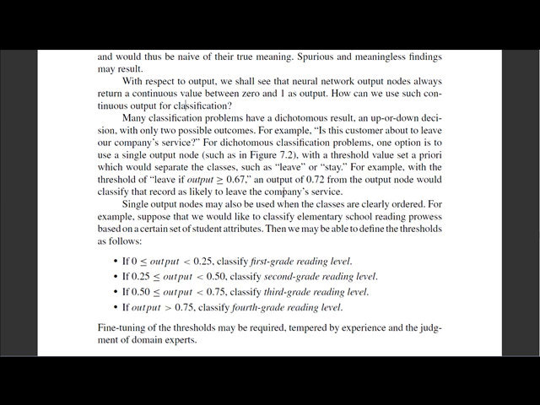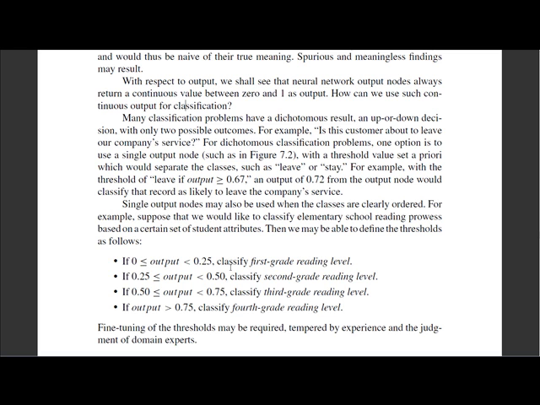Single output nodes may also be used when the classes are clearly ordered. For example, suppose that we would like to classify elementary school reading prowess based on a certain set of student attributes. So we're trying to classify or predict how good a student's reading is. Then we may be able to define the thresholds as follows.